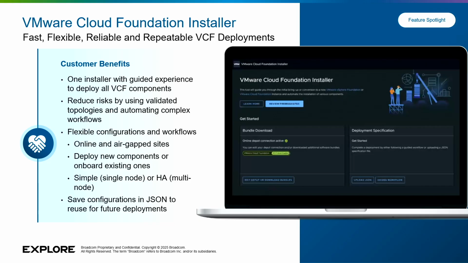And furthermore, the installer has built-in configurations and customization suited to your specific needs. So for example, if you have sites that are online versus air-gapped, we have capabilities to support downloading binaries to those locations. If you're looking to deploy new VCF components or import existing ones, as I mentioned earlier, there's an option for that as well.